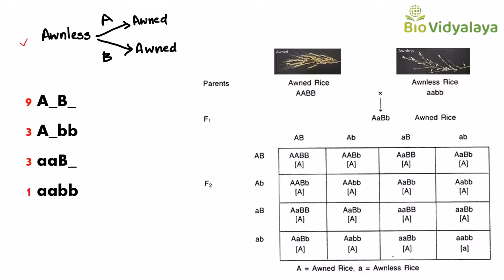Here you can see that the dominant form of gene A can convert awnless to awn. The genotype of A can be homozygous dominant or heterozygous. In the same way, the dominant form of B can also convert awnless to awn. The genotype of the dominant form of B can be homozygous dominant or heterozygous.